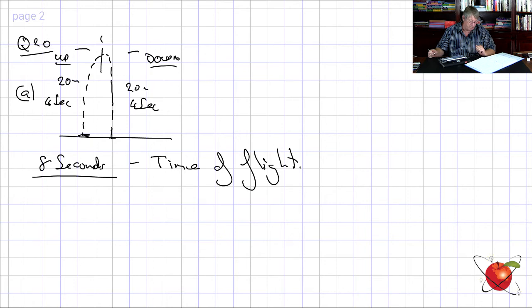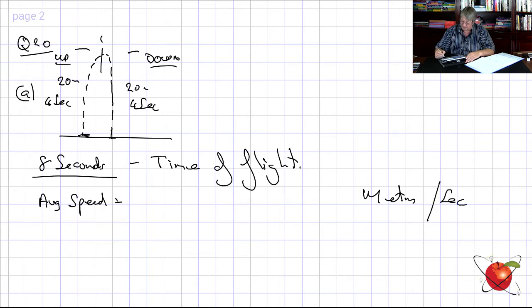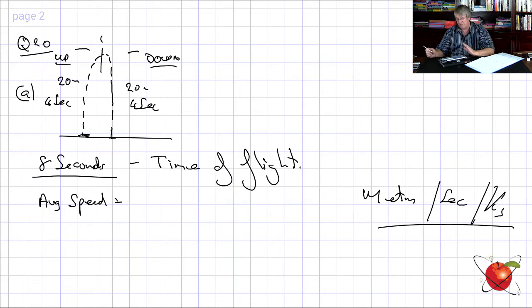So now a ball is thrown vertically. Calculate the average velocity and average speed. Average speed: convert everything to meters and seconds. Remember, meters, seconds, kilograms. We are doing physics. In chemistry, decimeters cubed for volume. Average speed is total distance, 40 meters, over 8 seconds.